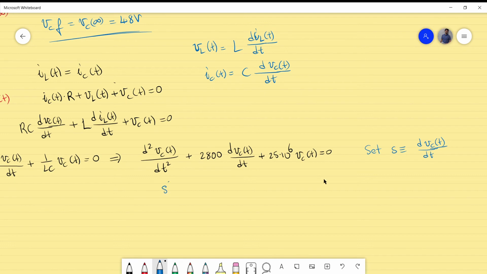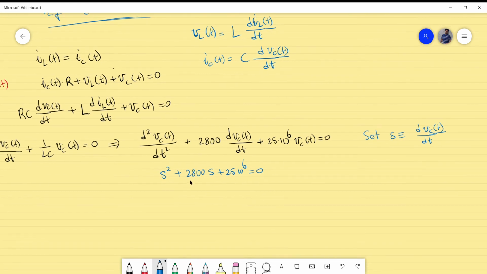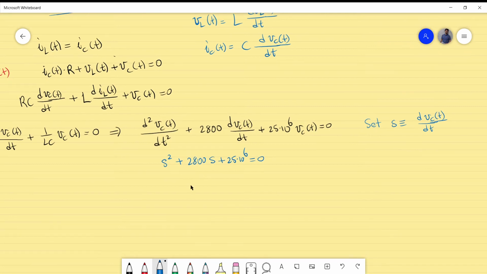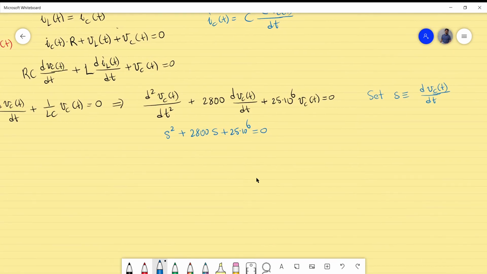I will get S squared plus 2800 S plus 25 times 10 to the power 6 is equal to 0. Now, if I want to calculate the roots, I can use the formula for this equation, which is very familiar and very standard. So let's do that.